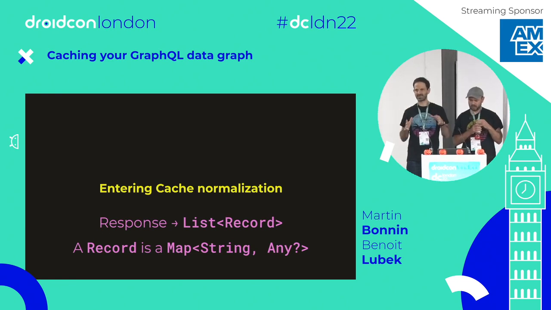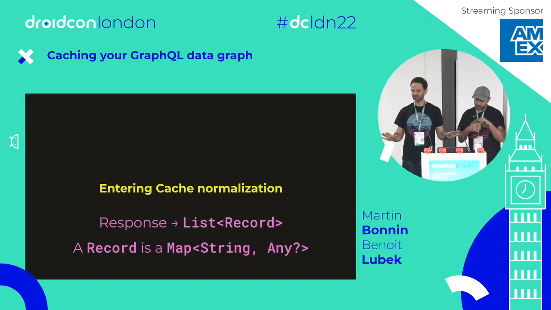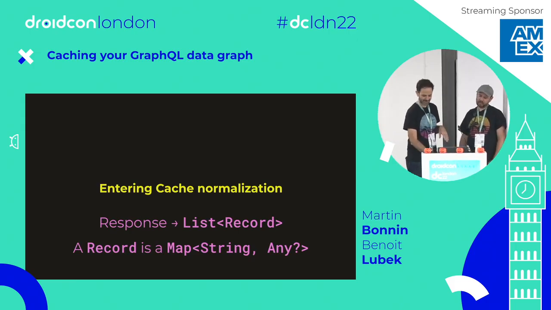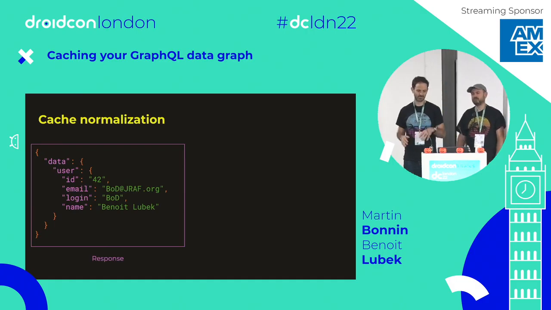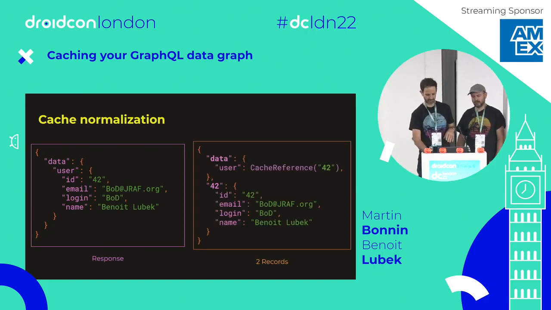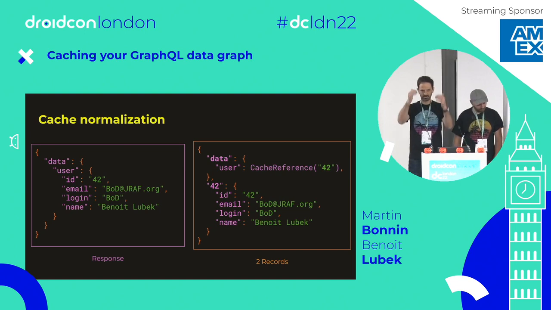This is something, as a Kotlin developer, I can see your hair starting to pull, because we don't like this in an API, because it's untyped, more or less. It's really unstructured. But bear with us for a moment, and we will tell you that it's not as bad as it looks. And really what we want to do here is turn a nested JSON into a flat list of records, where each record is very flat.